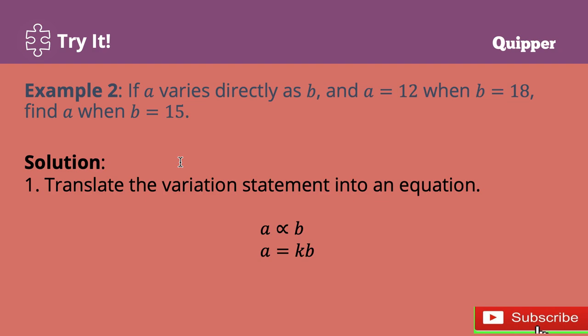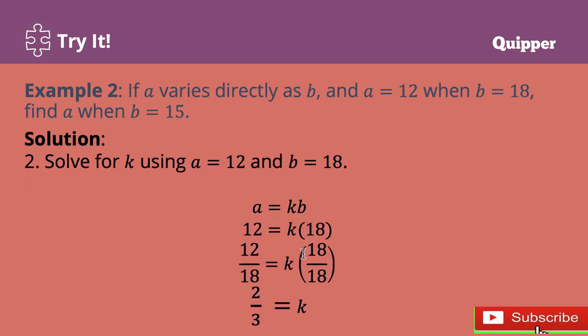Here's the solution. First, translate the variation statement into an equation. The statement is a varies directly as b. The translation for that is a is equal to kb, where k is the constant of the variation.